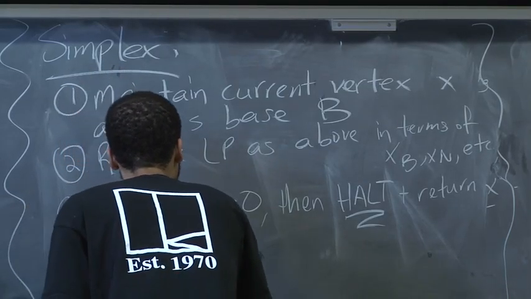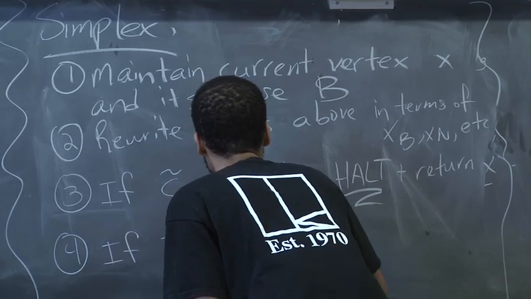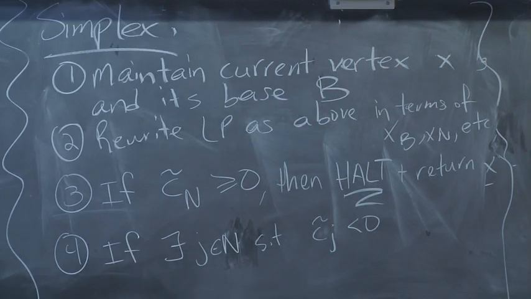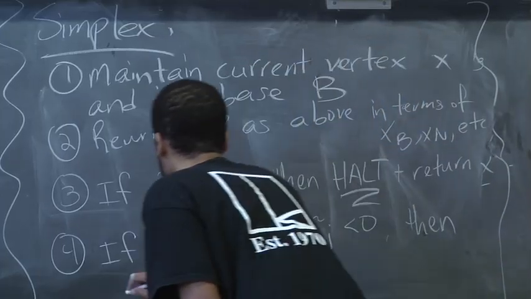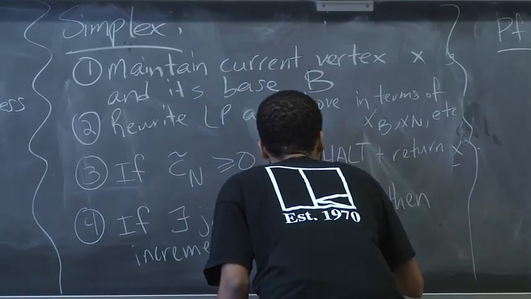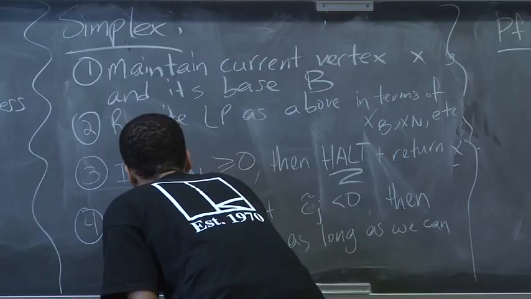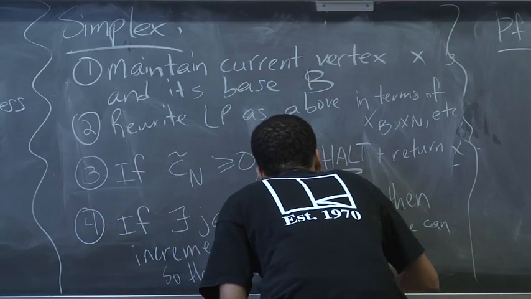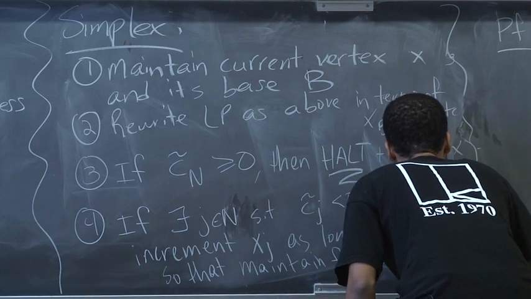If there exists a j in N such that C tilde j is strictly negative, then increment xj as long as we can so that we maintain feasibility of x.